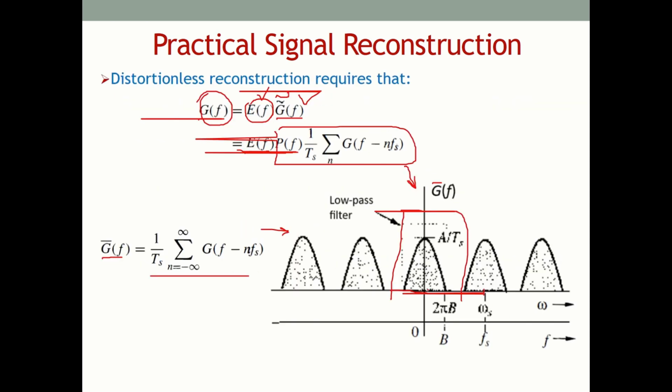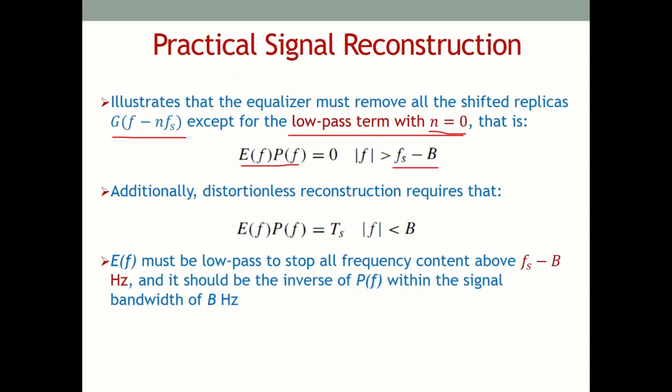This is Fs, and this much width is B. Within this region we need to determine the response of this filter E(f), but one thing we know is that outside this region, this filter must give us a 0 value.